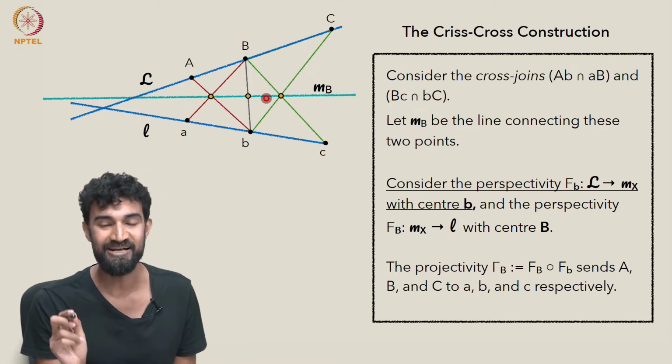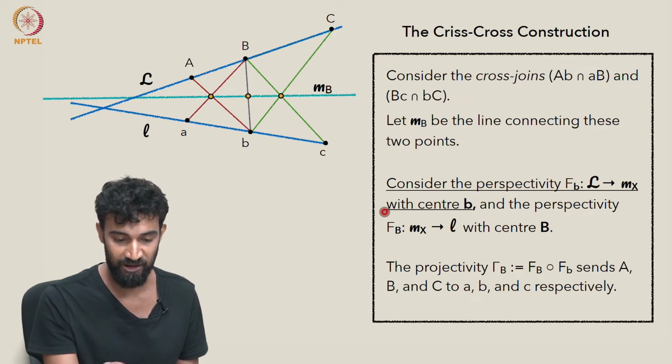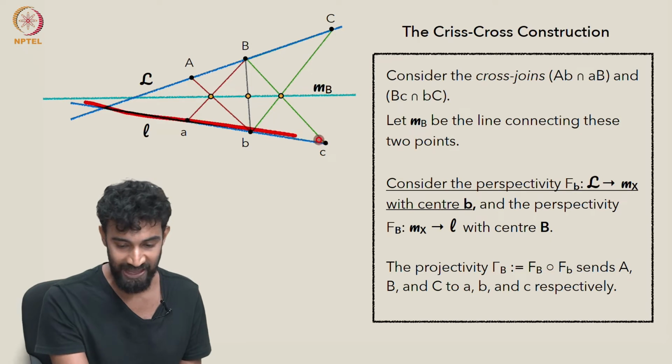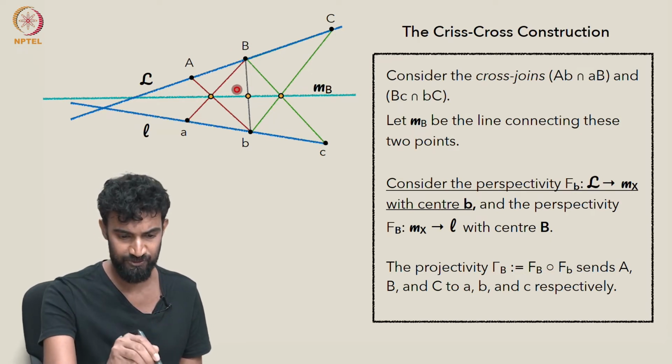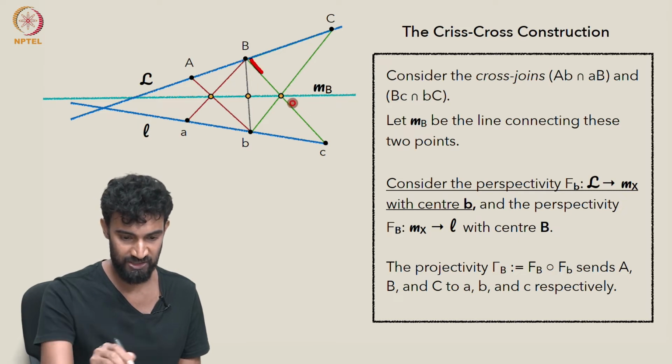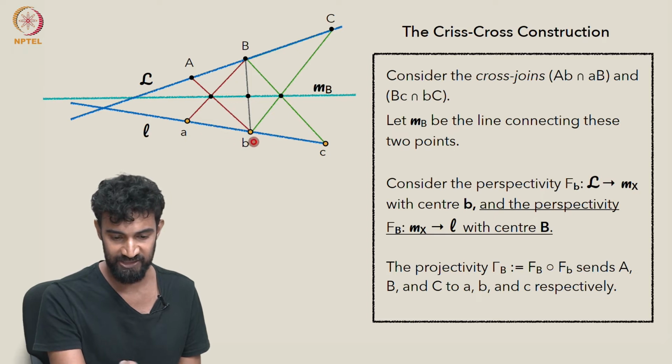Now I want to consider a second perspectivity centered at capital B, f capital B from MB to L. What is this perspectivity going to do to these same three points? Well, it's going to push them out to little a, little b, and little c.